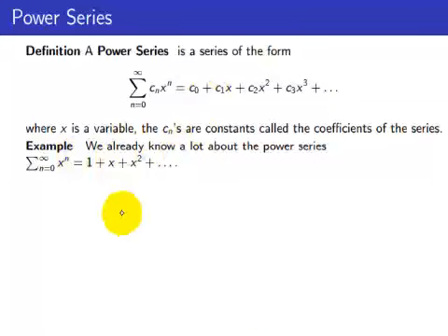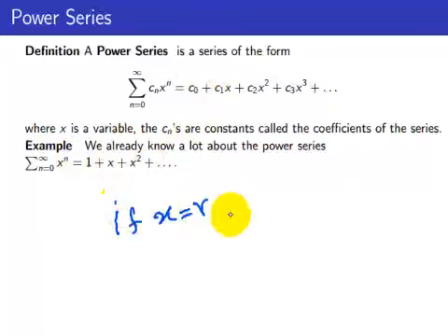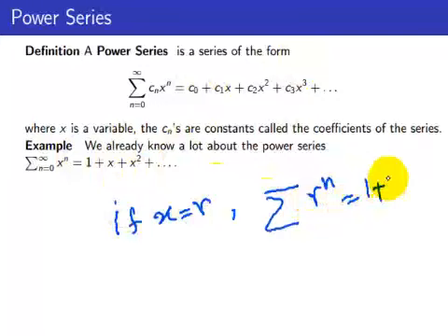If that variable is equal to r, where r is the common ratio, then the power series becomes 1 plus r plus r squared, and so on.